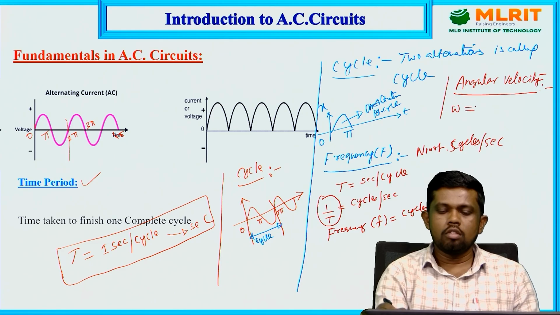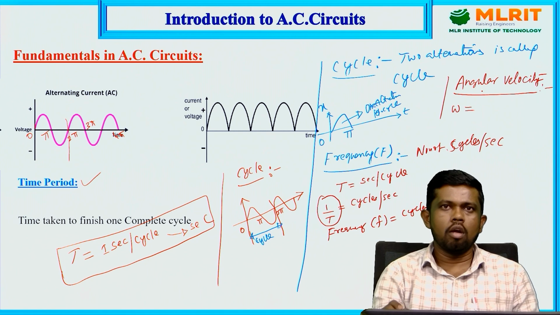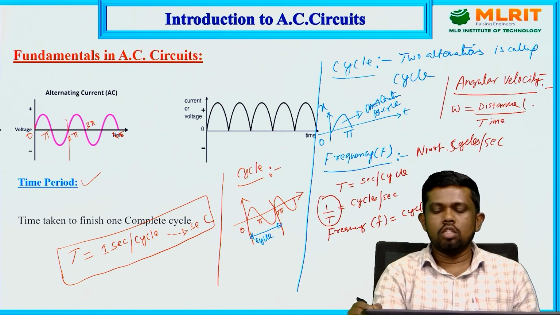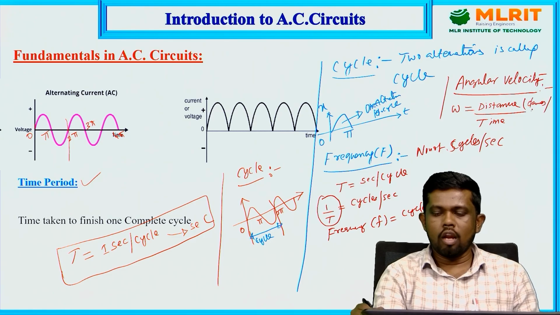It is the rate at which an object rotates. The rate at which an object rotates is simply called angular velocity. So omega equals distance upon time in seconds. Here we need to consider the distance either in degrees or radians.